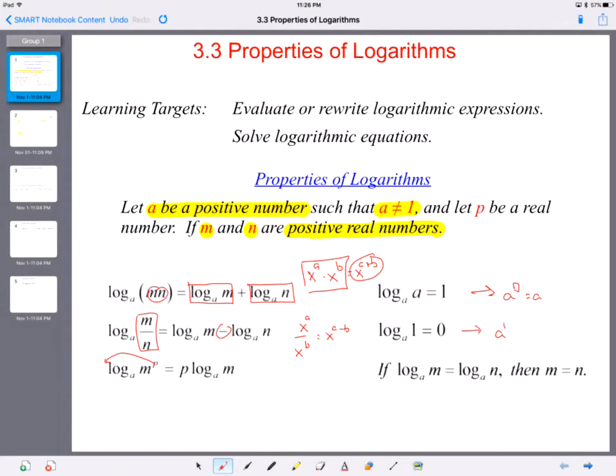A raised to what power gives you 1? Whoops, I wrote that wrong, sorry. A raised to what power is equal to 1, and that would be the 0 power. So a to the 0 is 1.